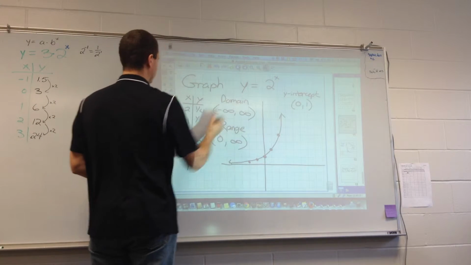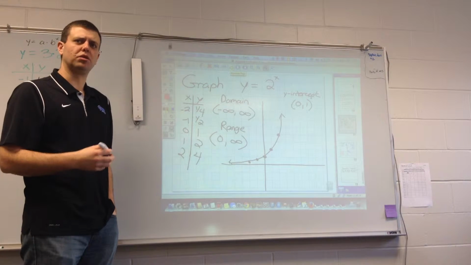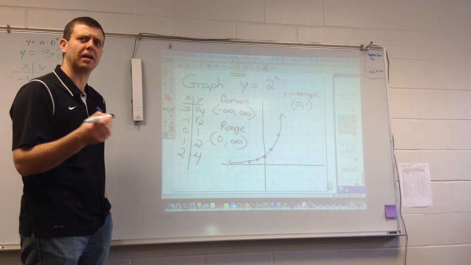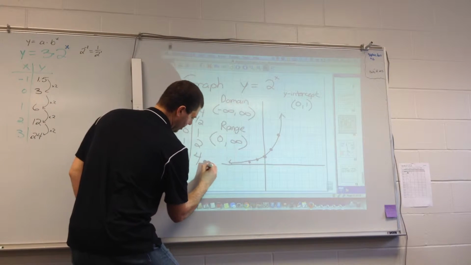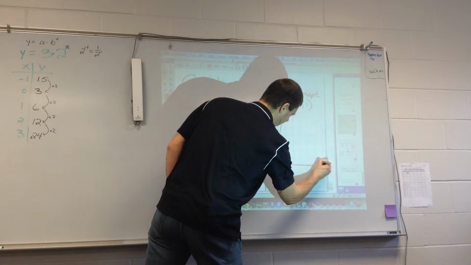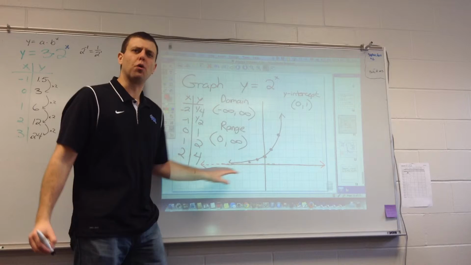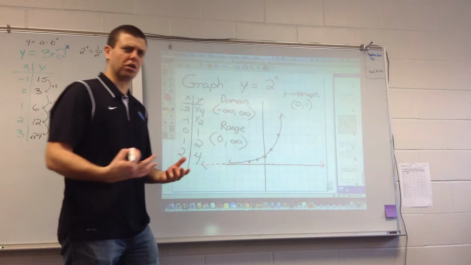What you're going to do is draw this imaginary line. We're going to put a dashed horizontal line at 0. That's how we draw asymptotes when we draw graphs.